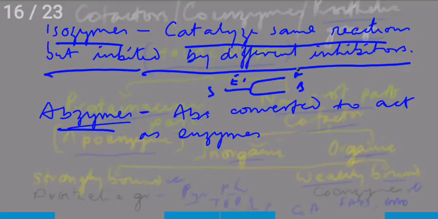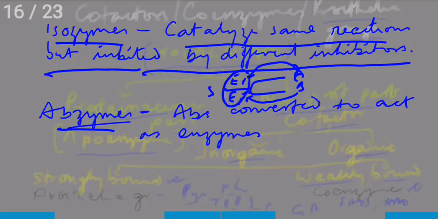So E1 has two forms, say. One form will be inhibited by A, feedback inhibition. Another form, maybe E1 prime, will be inhibited by B.